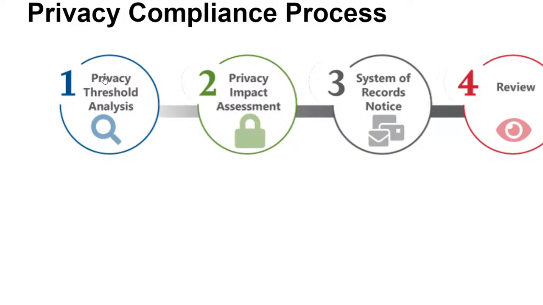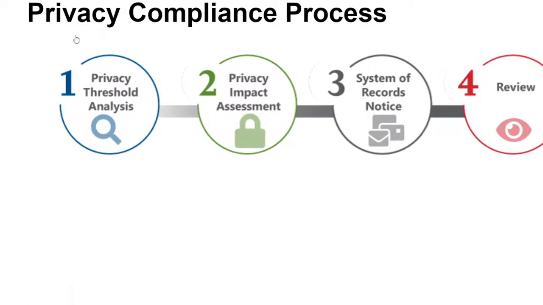So with privacy, it starts off with a privacy threshold analysis. This is determining if the system that you're looking at actually has PII on it, and how do we need to treat this information? Now, if it doesn't have personally identifiable information, then you don't need to do anything else.